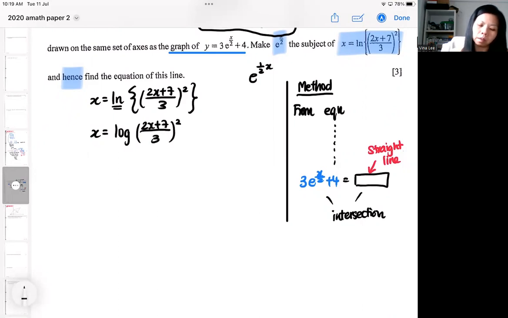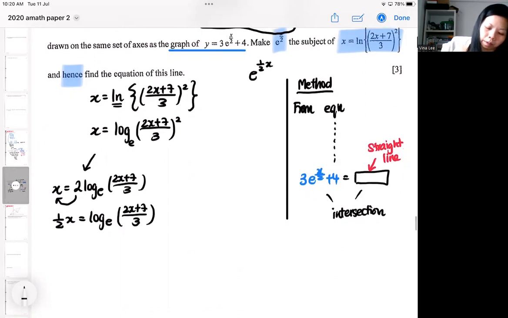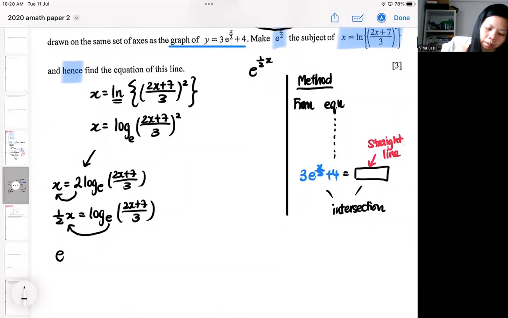In this case, I change to base e. I can bring down the power first, and then I can divide over. So when I change, I will get e to the half x.